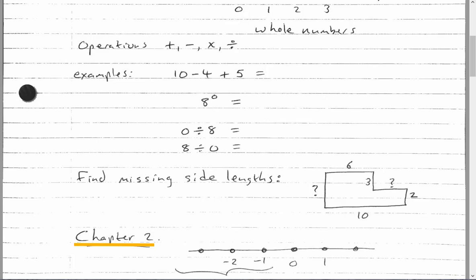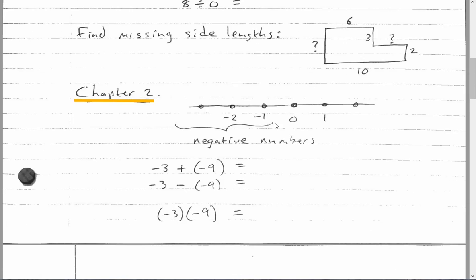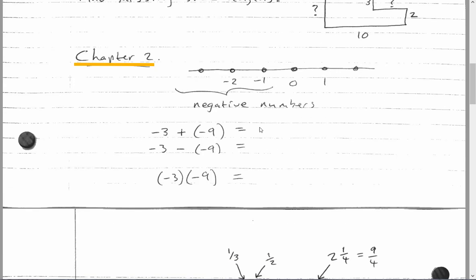Alright, so that's just chapter 1, our introduction to working with numbers. Of course, we can't ignore the negative numbers to the left of 0 on the number line. And so here are examples of operations with two negative numbers, negative 3 and negative 9.